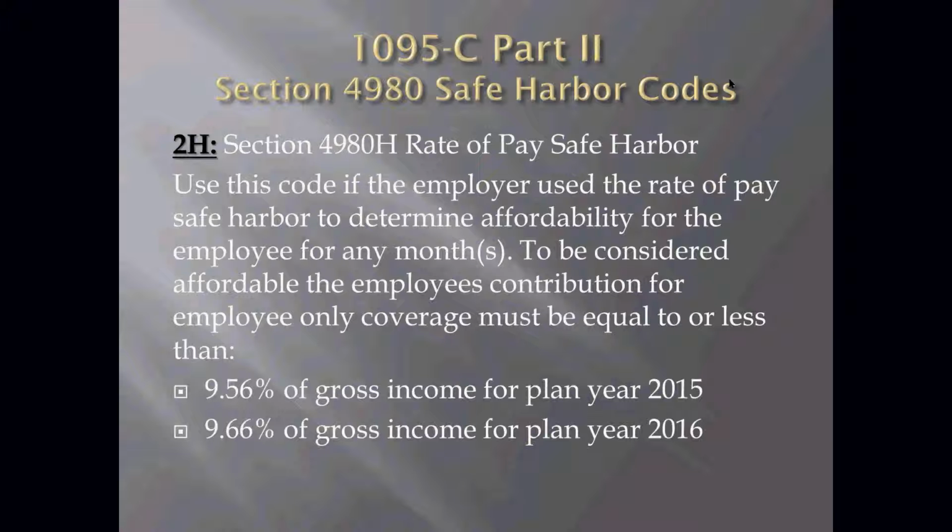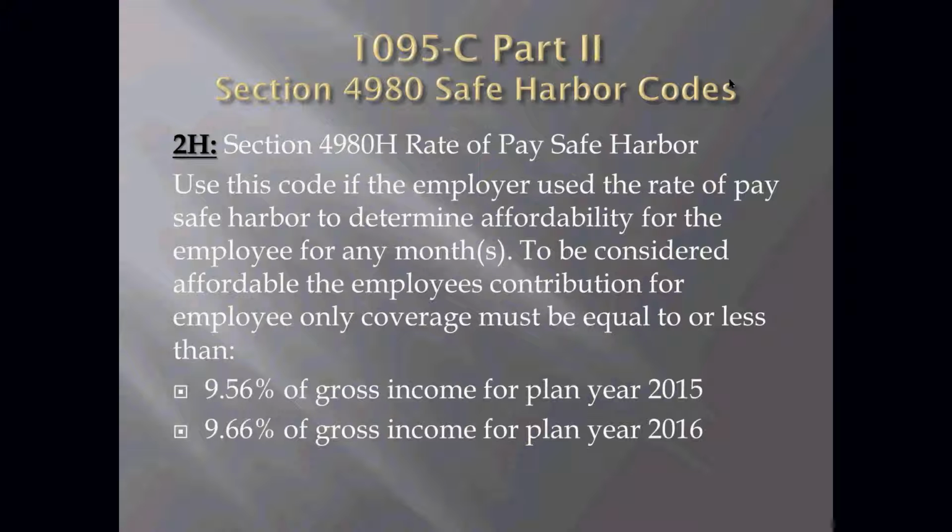That would mean that if your lowest paid employee makes minimum wage, you could not charge more than $102.53 per month in order to be under this safe harbor. Again, for most of our groups, they're charging their employees less than this amount.